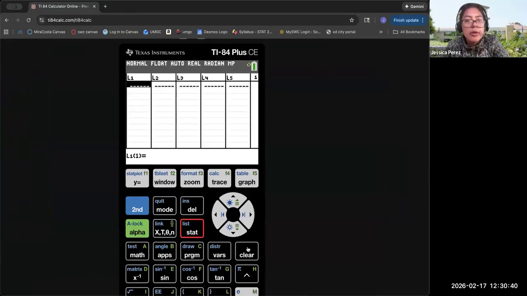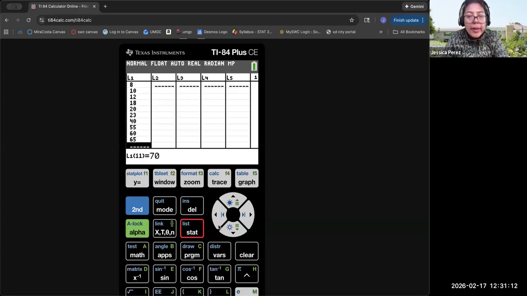I'm going to input, you're looking at your notes right now, 8, 10, 12, 18, 20, 23, enter, 40, enter, 55, enter, 60, enter. So you're right now looking at all the x values. So this is L1 and f of x is L2. And then you're going to hit 65 and then 70.